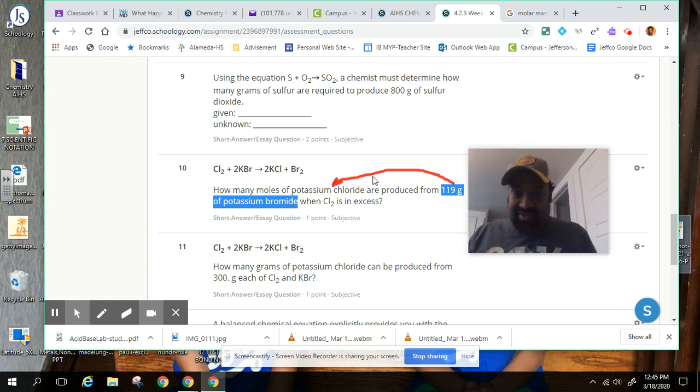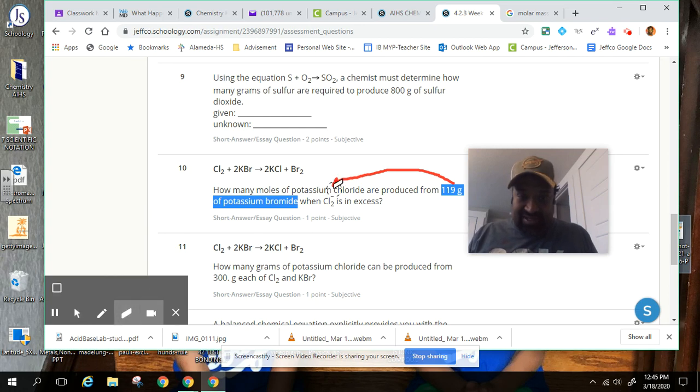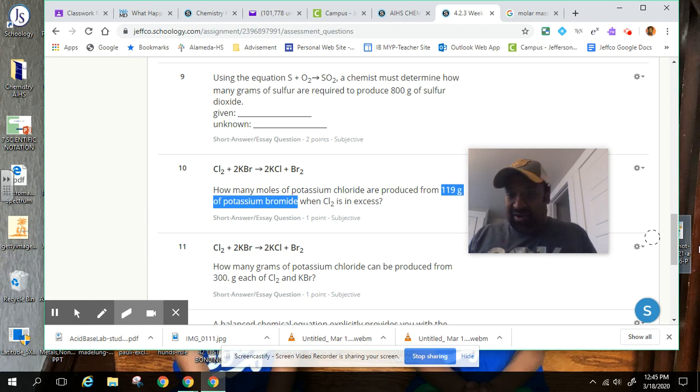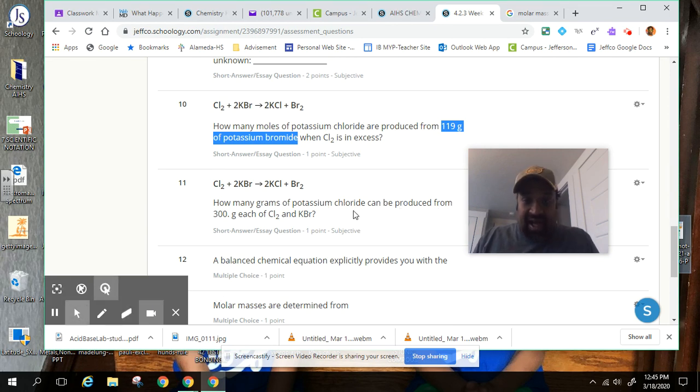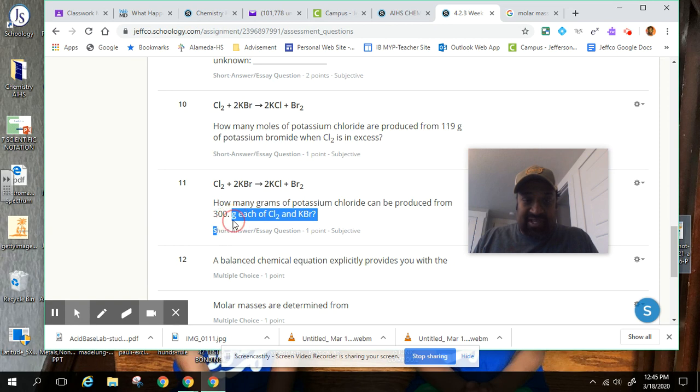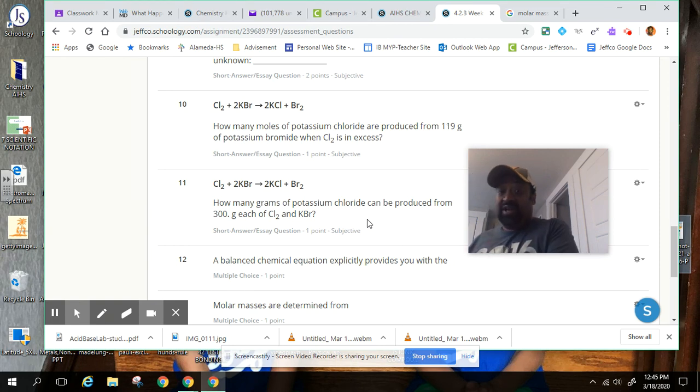Let me get rid of this right here and do number 11 too. How many grams of potassium chloride can be produced by 300 grams each of Cl2 and KBr? Your goal initially is to figure out what is the limiting reagent, like what do you run out of first.